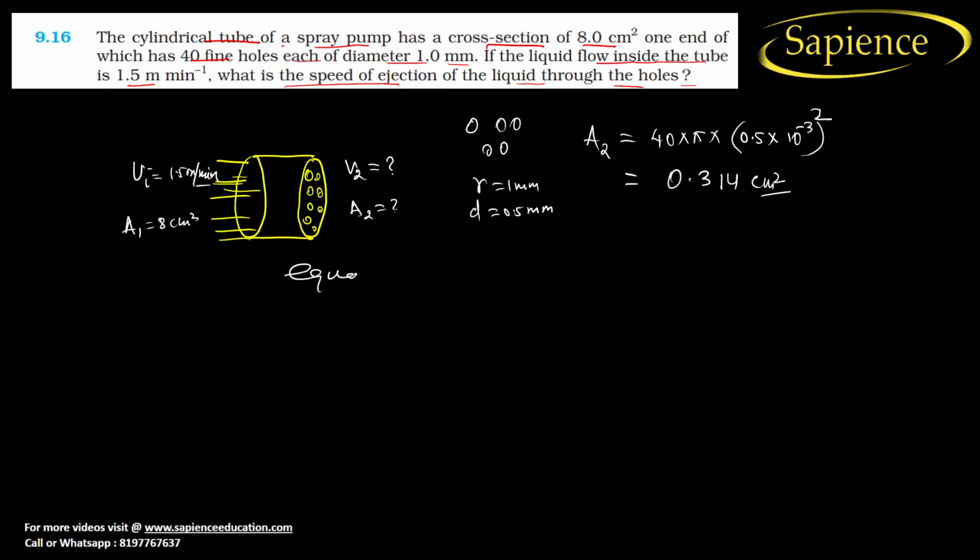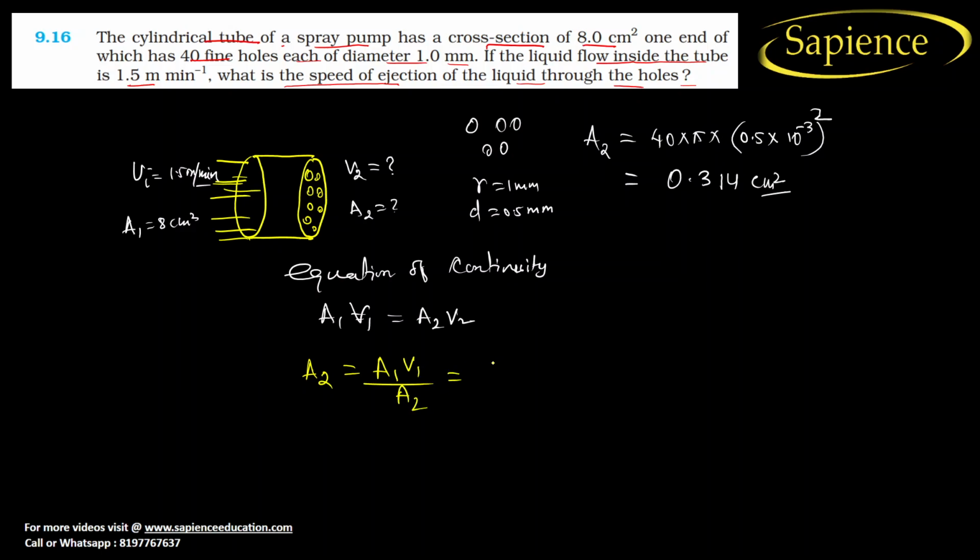Now we know the equation of continuity: A1 V1 is equal to A2 V2. So V2 will be equal to A1 V1 by A2.